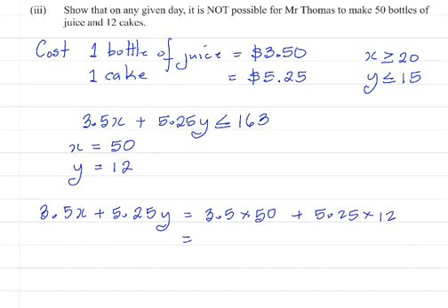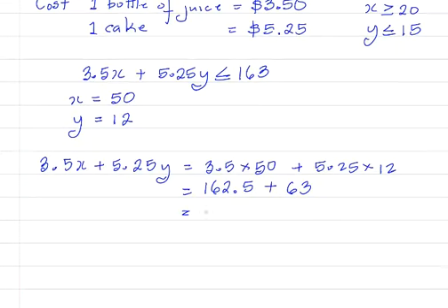All right, 3.5 times 50 is $175, and 5.25 times 12 is equal to 63. When we add this, we're going to get $225.50.